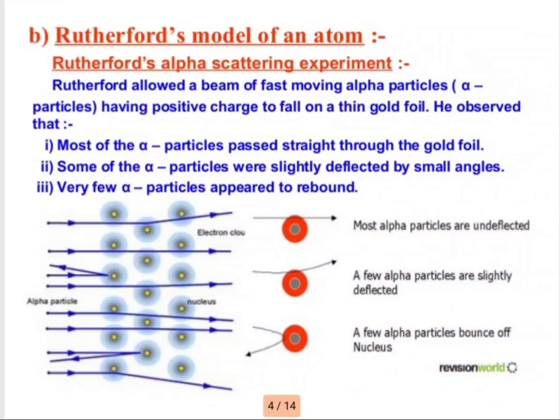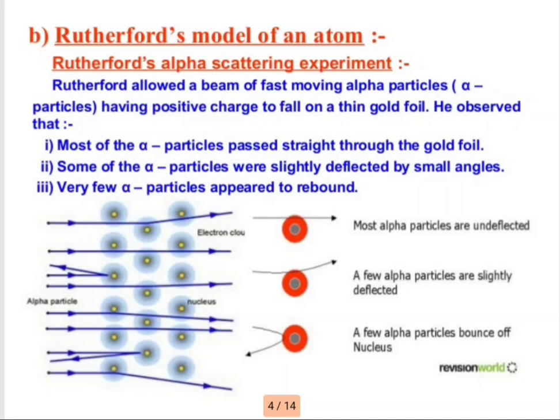Okay, next we discuss Rutherford's model, also called the gold foil experiment. Rutherford fired alpha particles at a thin gold foil. In the observation, most particles passed straight, meaning atoms have empty space. Some deflected, meaning the atom has a positive charge at the center. And third, very few bounced back, meaning the center is very dense.